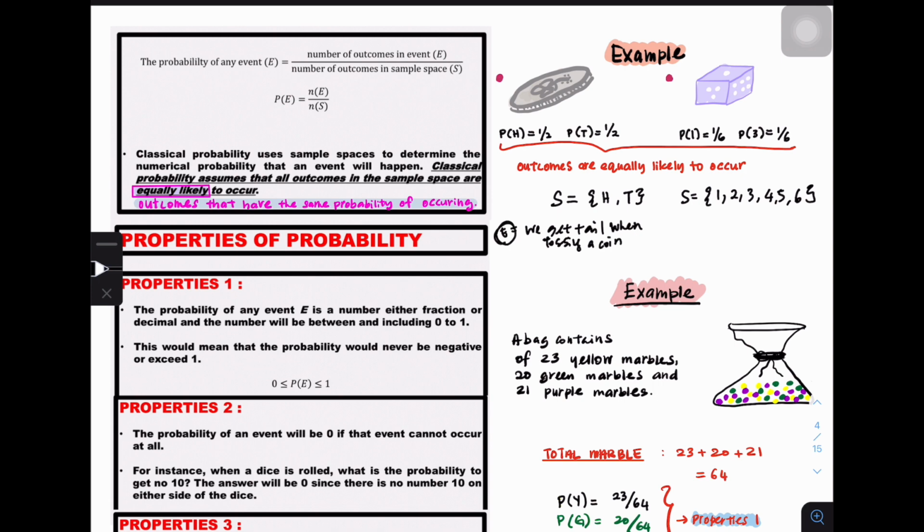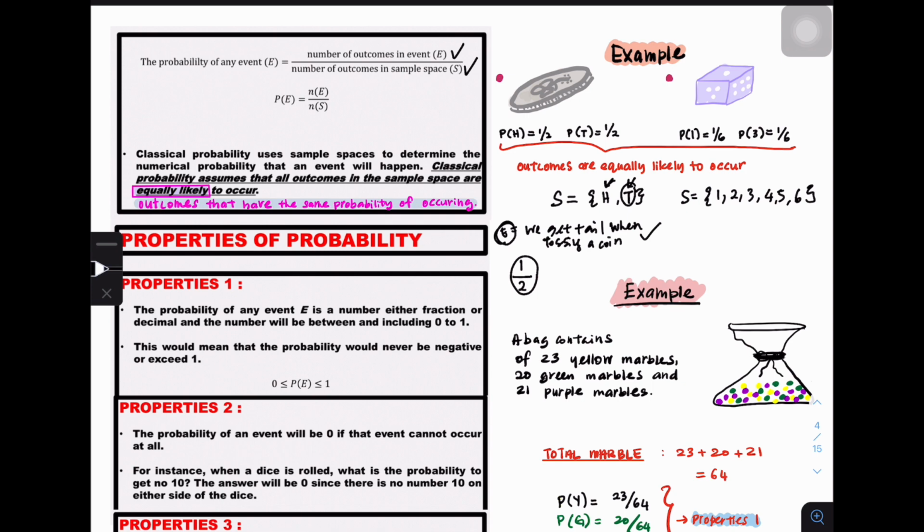Formula dia adalah number of outcomes bahagi dengan number of outcomes in sample space. So if you see here in sample space, how many possible times we will get tail? Kita hanya ada satu sahaja kemungkinan akan dapat tail, bahagi dengan number of outcomes in sample space, ada 2. So the probability we get tail when tossing a coin adalah 1/2.